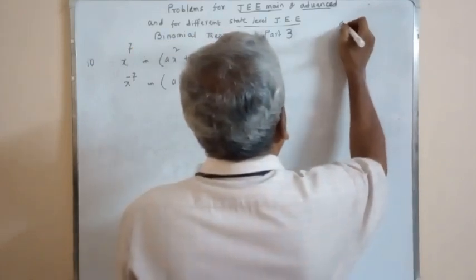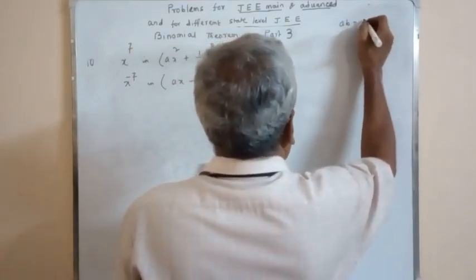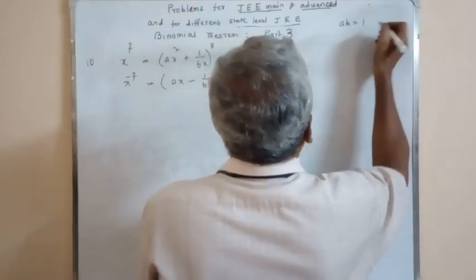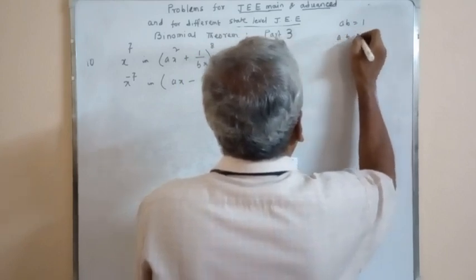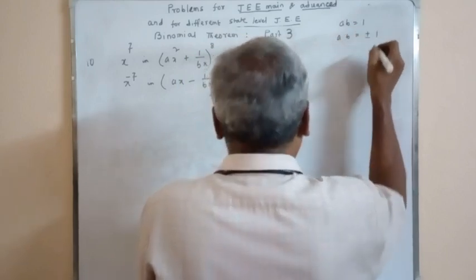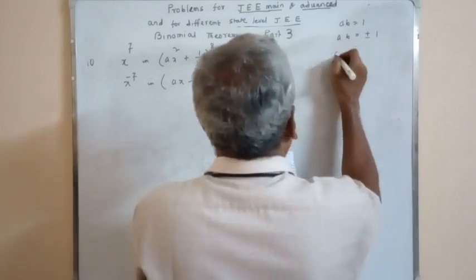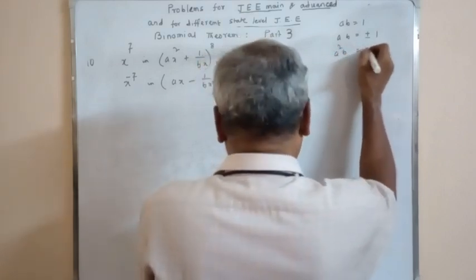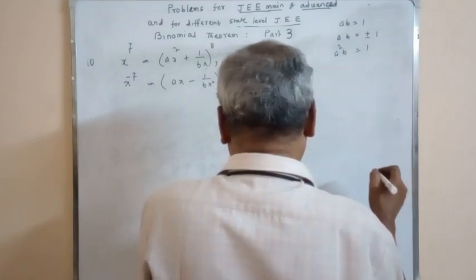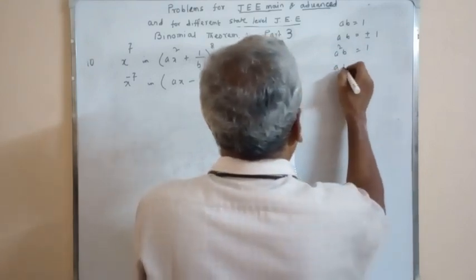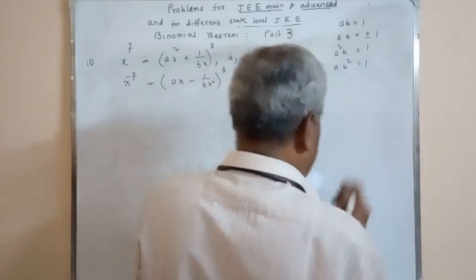Number 1, ab is equal to 1. Number 2, ab is equal to plus minus 1. Next, a square b is equal to 1. Then ab square is equal to 1.